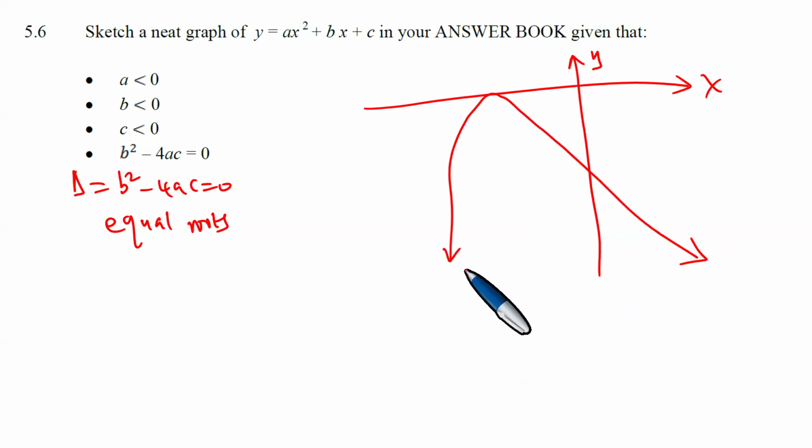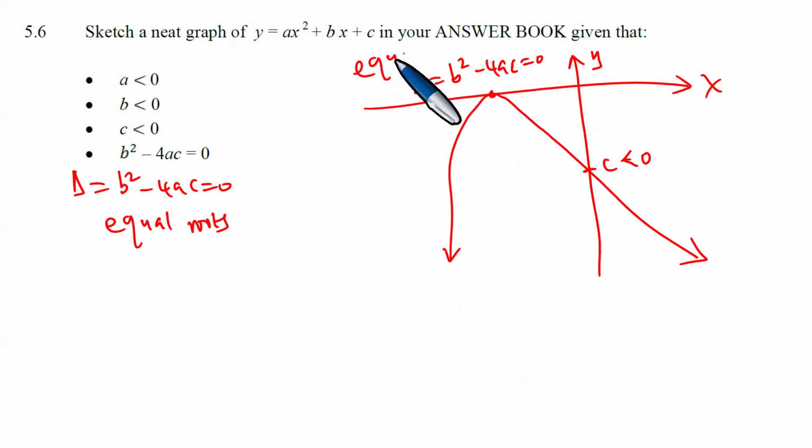The graph is exactly like this. So this is our y and this is our x, and therefore this is the case. Right, at this point, you're able to see that this is our y-intercept, our c is less than 0. And here you have that the discriminant, which is b squared minus 4ac, is equal to 0. You have equal roots. All right, you have equal roots.